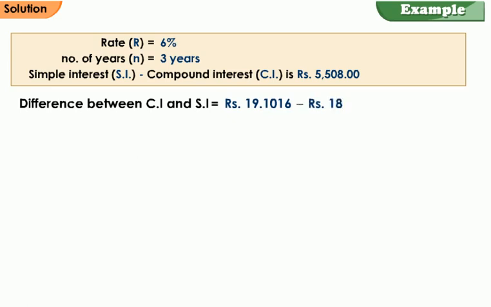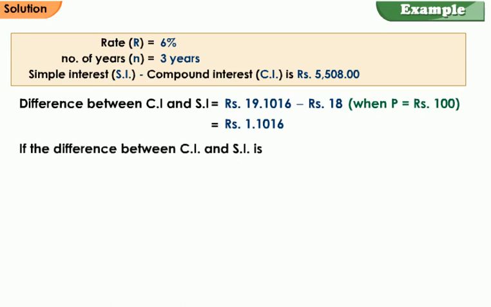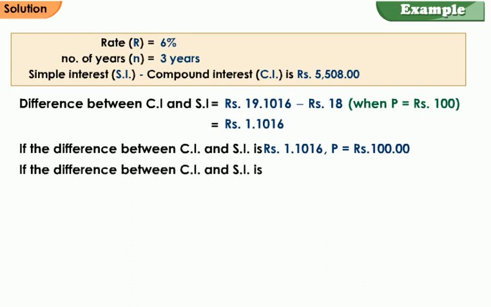Students, if the difference between compound interest and simple interest is rupees 1.1016 when principal is equal to rupees 100, if the difference between compound interest and simple interest is rupees 5,508, then principal is equal to rupees 100 into 5,508 divided by 1.1016.